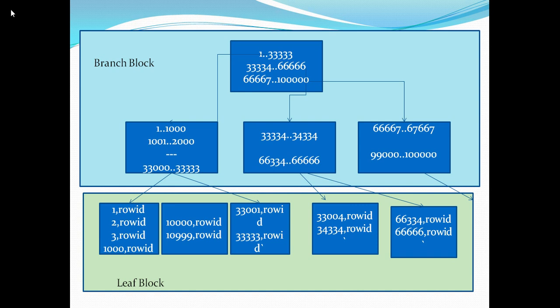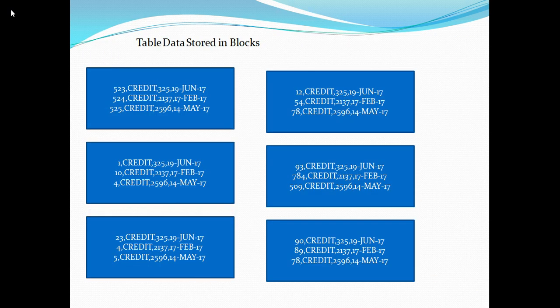Let's go ahead and see how the data is stored for a table in terms of blocks. We saw that we had 4096 blocks, and this is how they will look. So we have certain rows that are grouped randomly as a part of different blocks. So this particular one is one block. Then we have these 6 blocks, which is actually a subset representation of those 4096 blocks. But this is how the data is being stored.